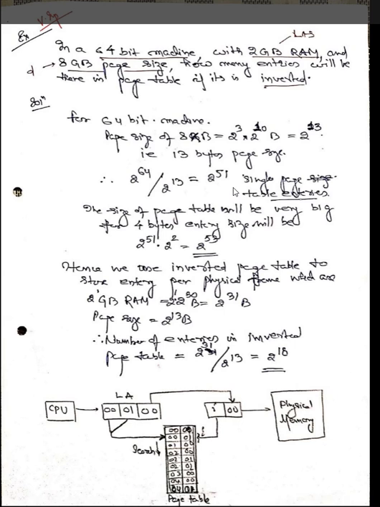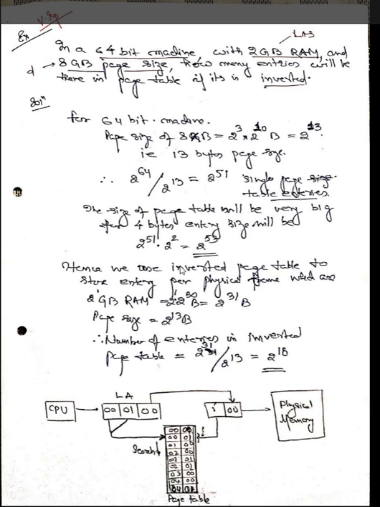Now if you compare, the 2 to the power of 51 case with 2 bits for the entry size, against 2 to the power of 18 entries, which is convenient. So we use the inverted page table stored in the physical RAM. If you are using additional RAM memory, the page table size will automatically be reduced.